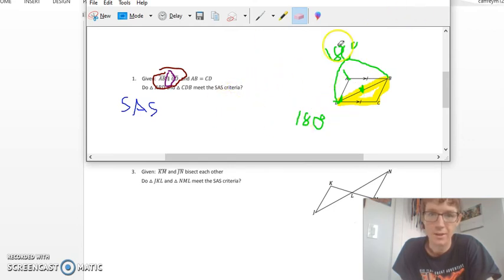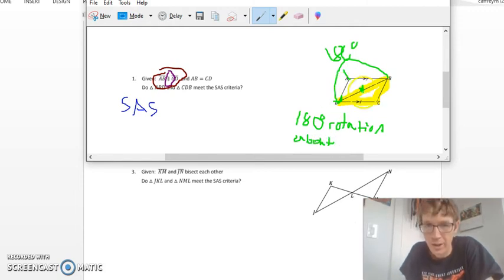Okay. So we're going to say 180 degree rotation about. And how do we describe this point that I put there in green? That point is halfway between B and D. So I'm going to say the midpoint. Midpoint means the point in between two points, exactly halfway.